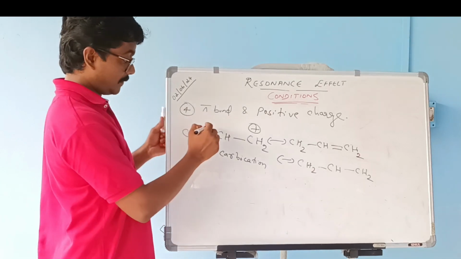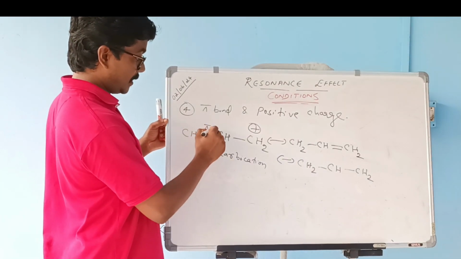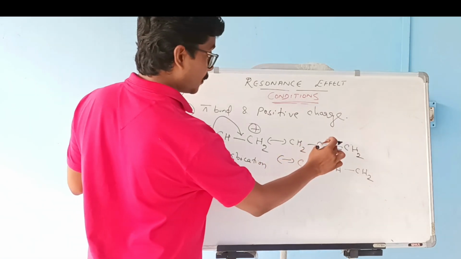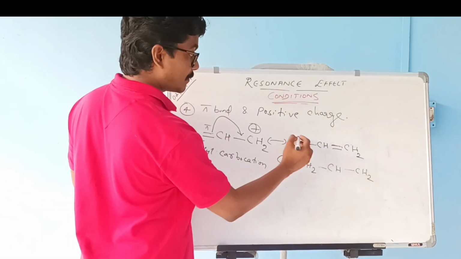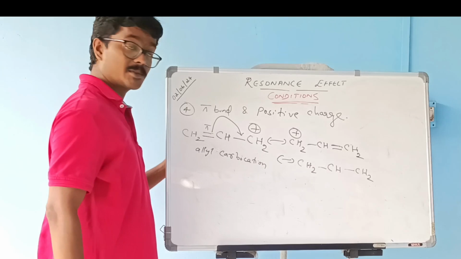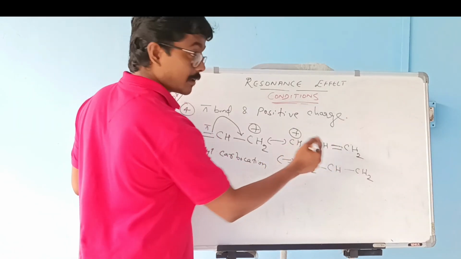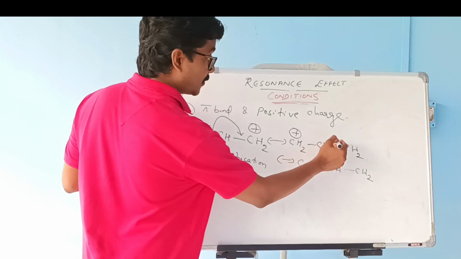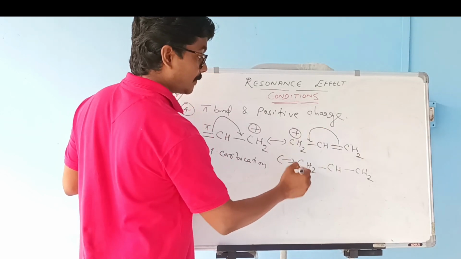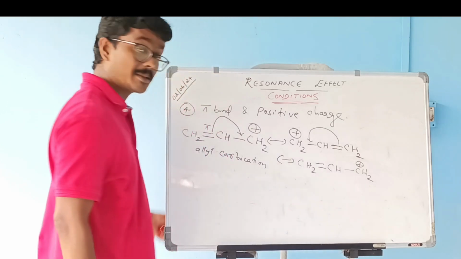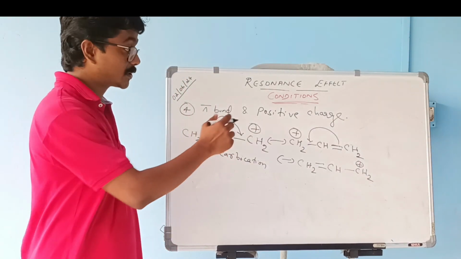Okay. What is going to happen? This is the pi bond. These pi electrons will shift here, right? So a double bond comes here and a positive charge comes to the terminal carbon. And the next canonical structure: this will come here, and similarly the positive charge comes here and a double bond comes here. So resonance is possible here.